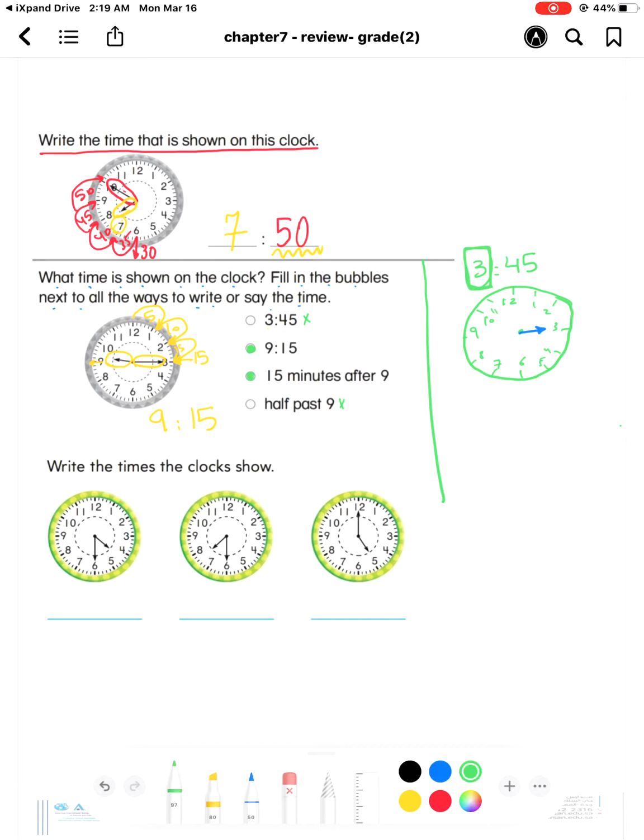Now, here for the minutes, we have 45 minutes. You can do it the easy way.